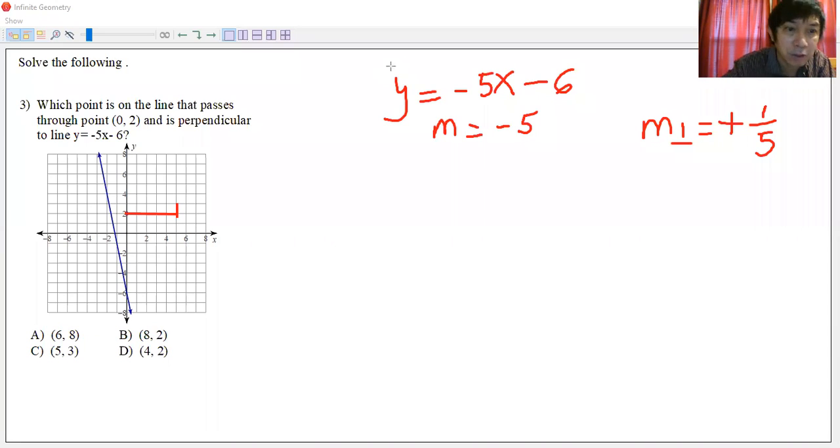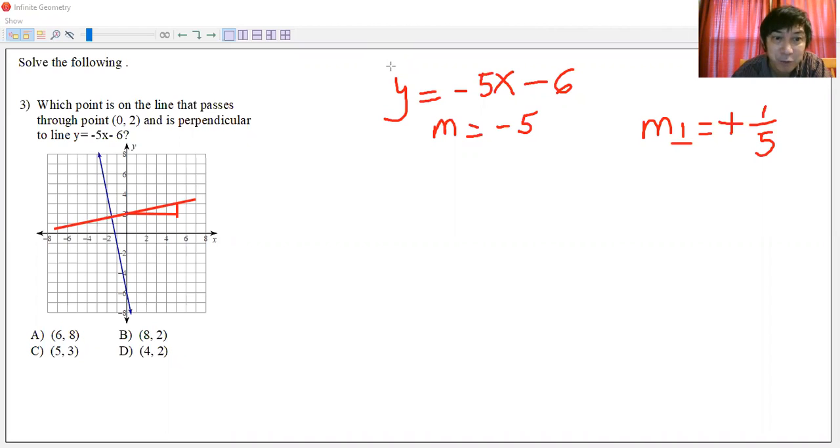So we can actually draw from here like this, okay, there. And you can actually locate the point. It looks like there's a point at the first quadrant, which is 5, 3.